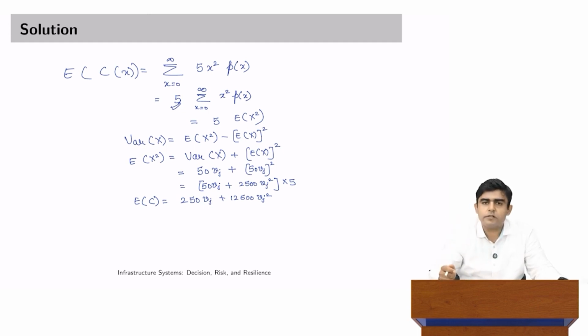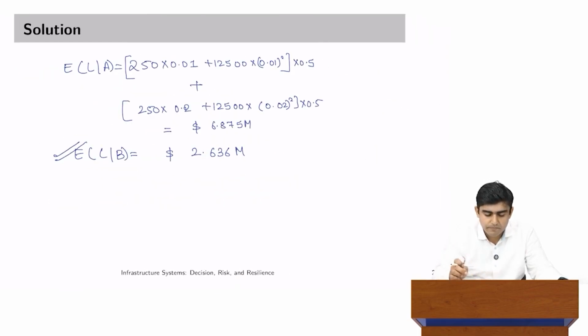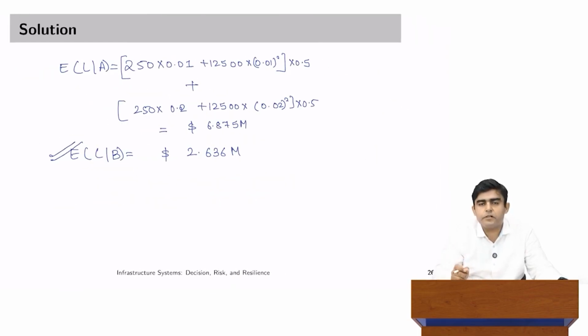And then we followed certain mathematical operations. Since it is x square, when we do the expectation of x square, we should get a functional form which is a function of the variance of x, by the definition of variance. Then we realized that the cost function is 250 times the parameter plus 12,500 times the parameter square. Based on the parameter values that we were given, two parameters are possible with 50% probability at each of the sites.